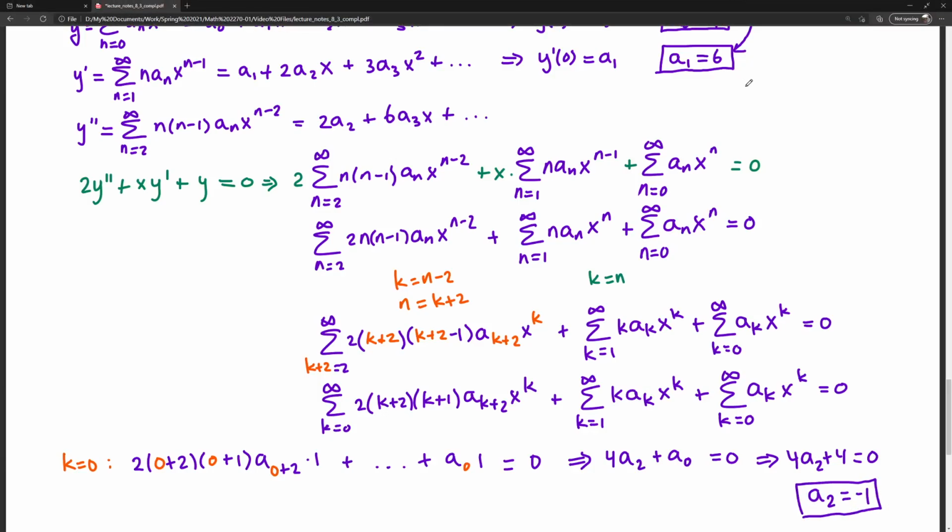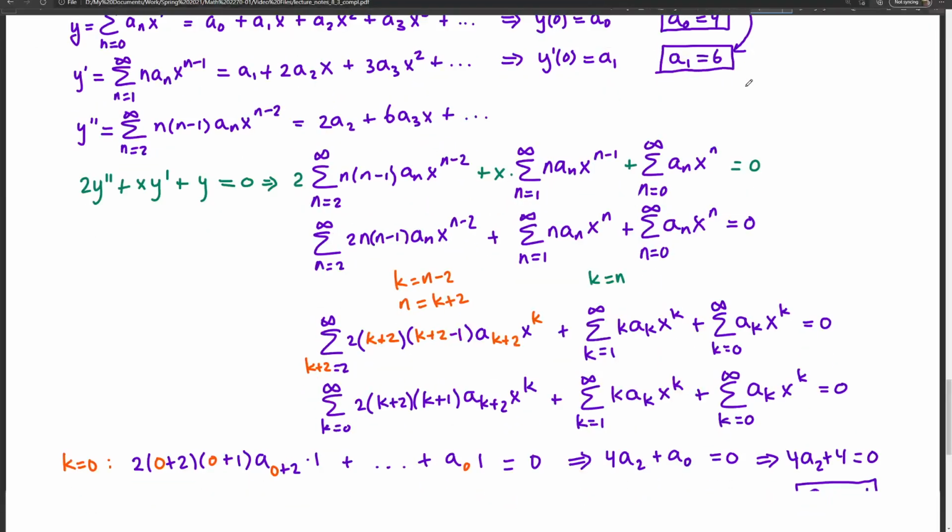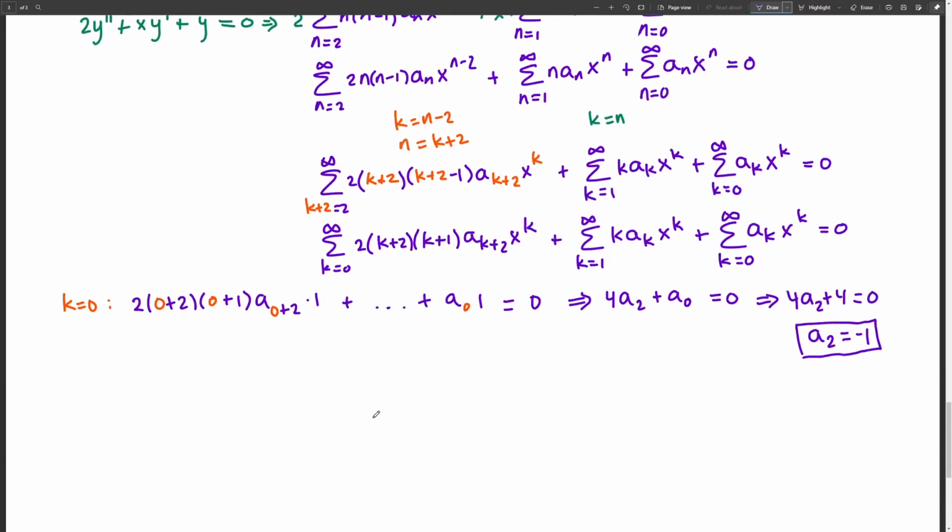So that follows from the fact that a naught equals 4. Okay, so if we ignore that first term for these two series, because that will add up to 0, we can now combine all the series.